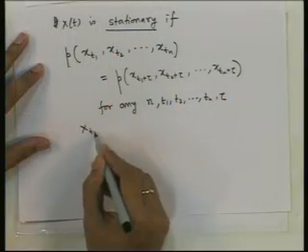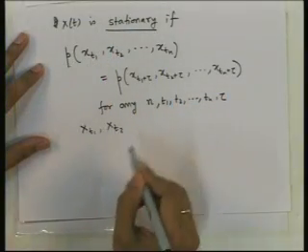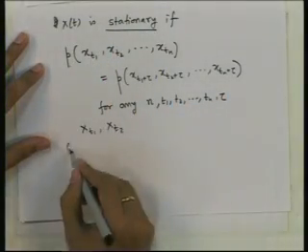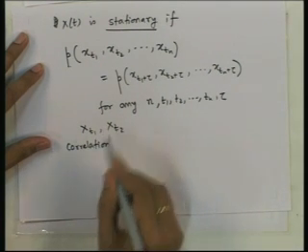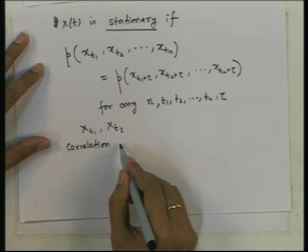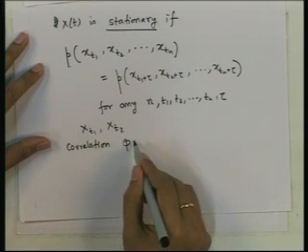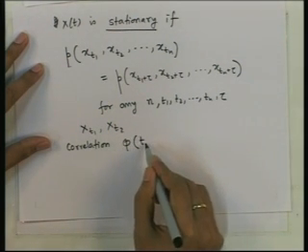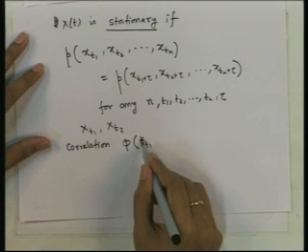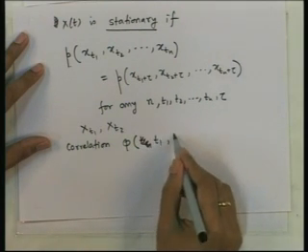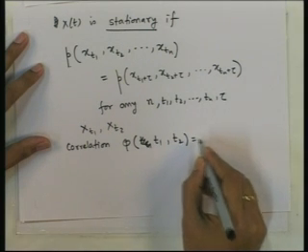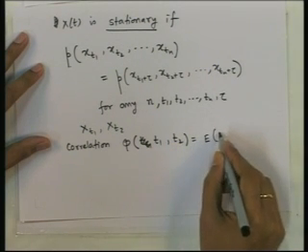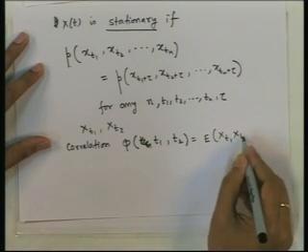Now, the correlation between two random variables X(t1) and X(t2) is defined, called as phi(t1, t2), and this is nothing but the expectation of X(t1) X(t2).